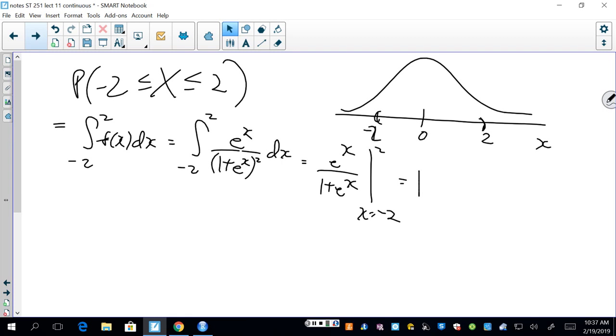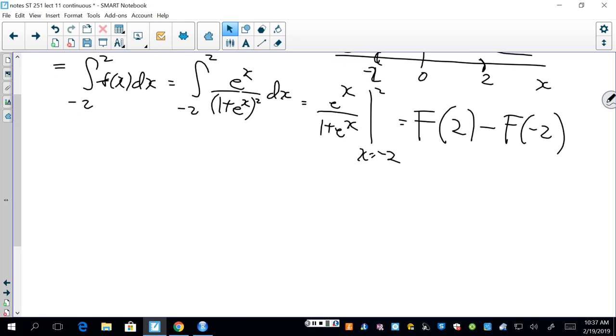But this is the cumulative distribution function at 2 minus the cumulative at -2. So we would get e squared over 1 plus e squared minus e to the -2 over 1 plus e to the -2. We put that value into the computer and we'll get the probability we're between a couple points.